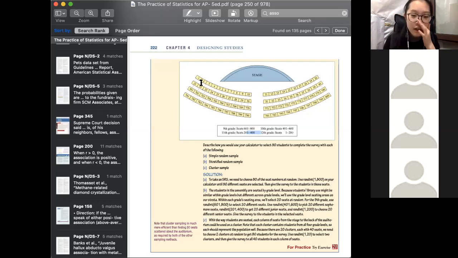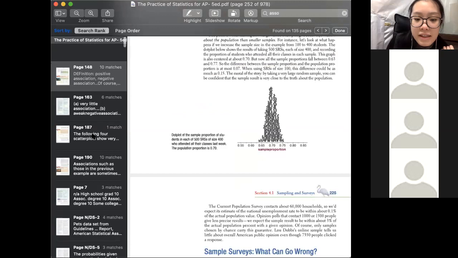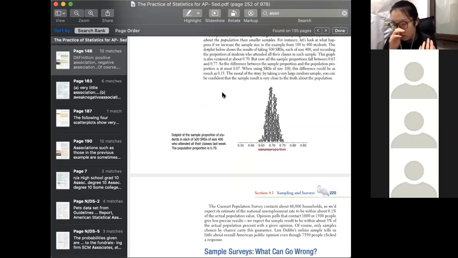So it's difficult. And also for basic statistics, you will also know about probability. You talk about binomial and geometric distribution.